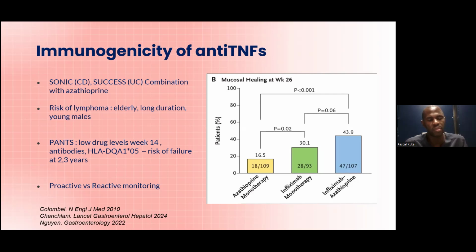However, as appealing as proactive monitoring might sound, recent trials have shown that there isn't any clinical benefit in proactive monitoring.